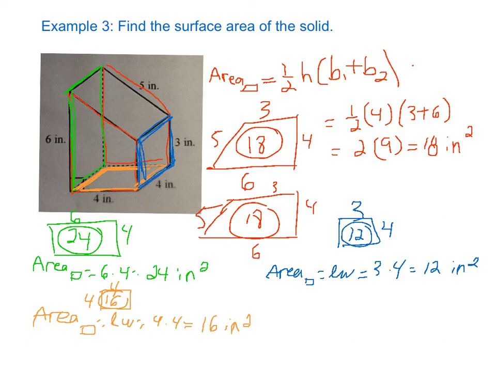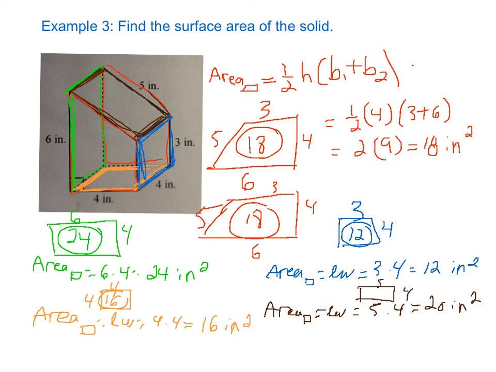And there's one last surface here in brown, this particular rectangular lateral face. So if we find the area of that one, again, length times width, and that's going to be 5 times 4, which gives us 20 inches squared.